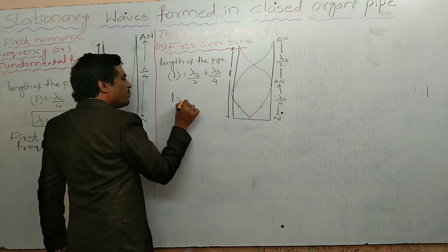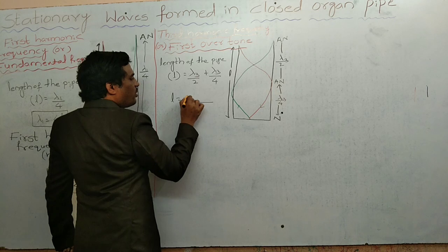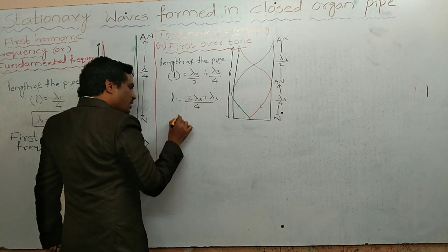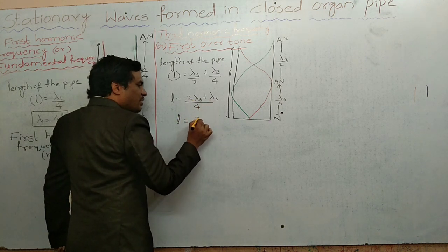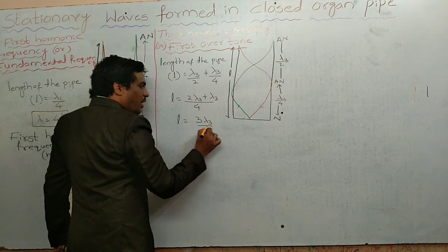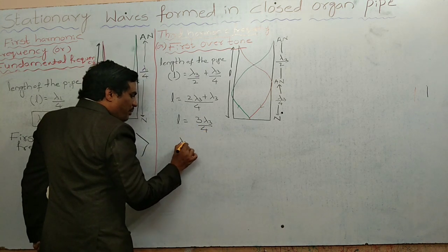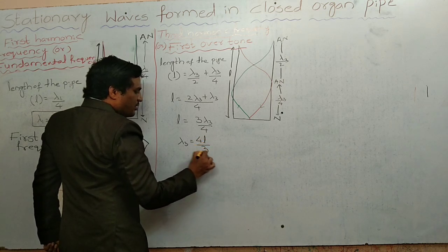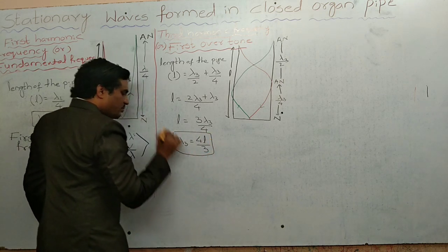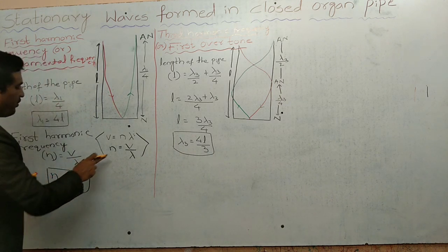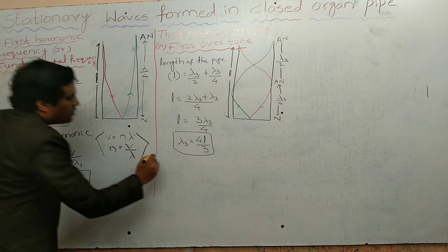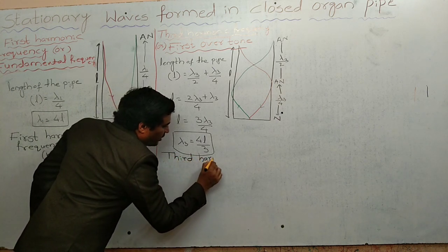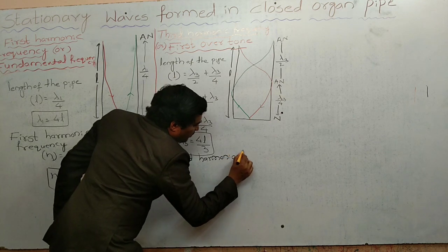Now take the LCM, 4, and it is 2 lambda 3 plus lambda 3. L equals 3 lambda 3 by 4. Now what is the lambda 3 value? Lambda 3 equals 4L by 3. It is the wavelength value. Then you can find the frequency by substituting the wavelength here. So the third harmonic frequency.